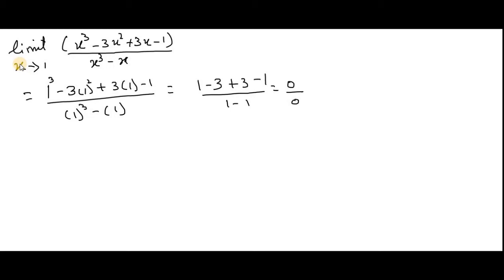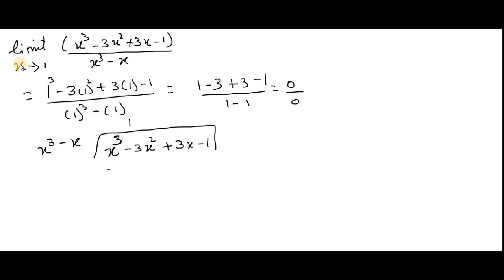So we divide this function, x cube minus 3x square plus 3x minus 1, by x cube minus x. Even you can try to factorize it also, but it will be a bit difficult.